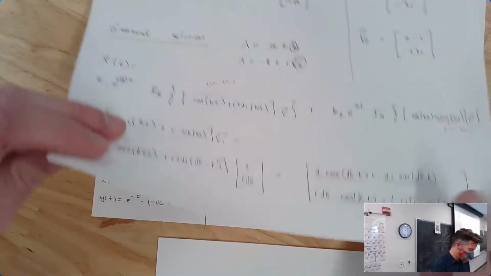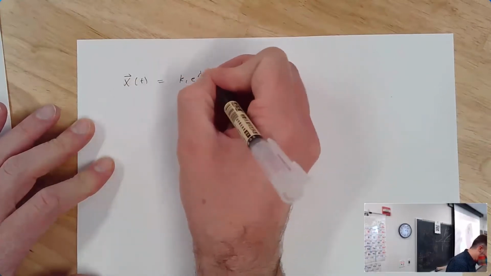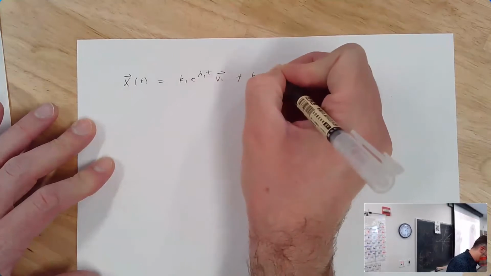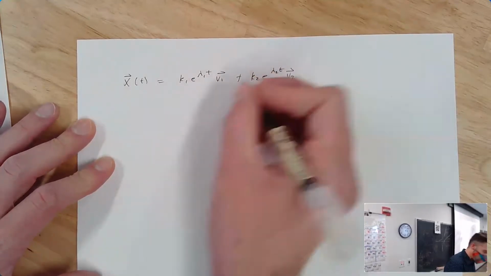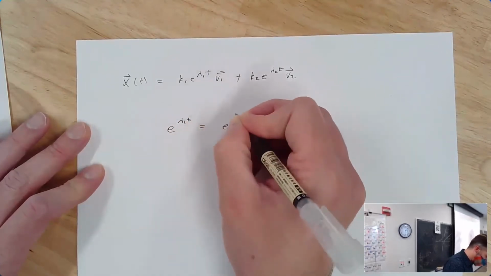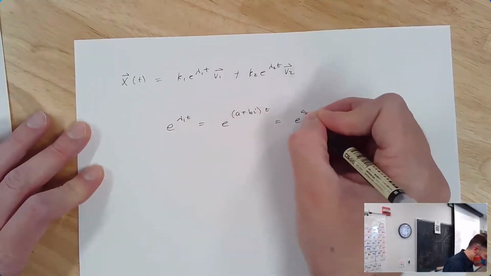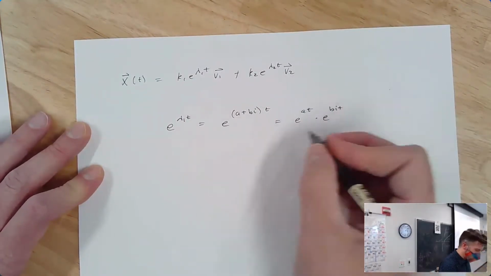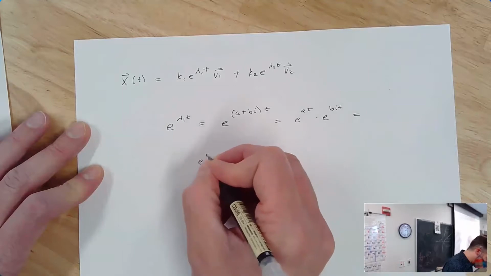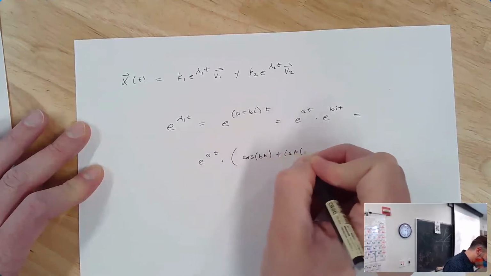I could say a few more words about that. What's really happening is we're using the fact that the solution is k1 e to the lambda 1 t v1 plus k2 e to the lambda 2 t v2. It's just that for these problems, e to the lambda 1 t is e to the (a plus bi) times t, and that becomes e to the at times e to the bit, and that's where we use Euler's formula and say, oh, that's e to the at times (cosine of bt plus i sine of bt).